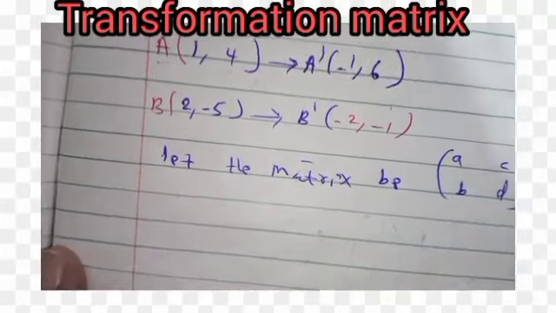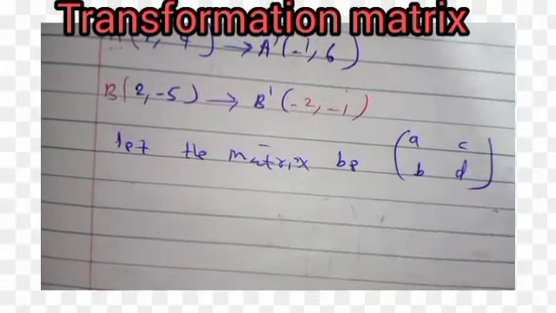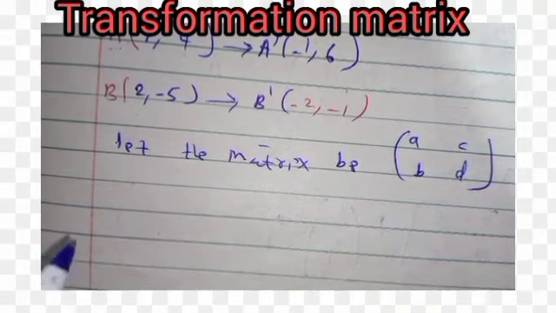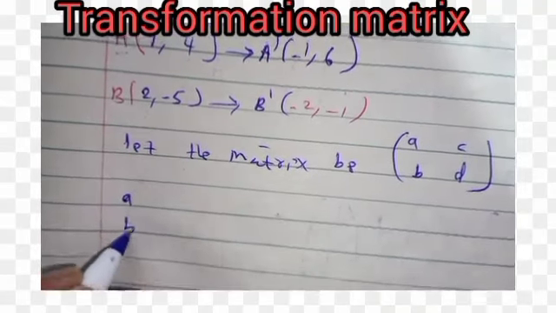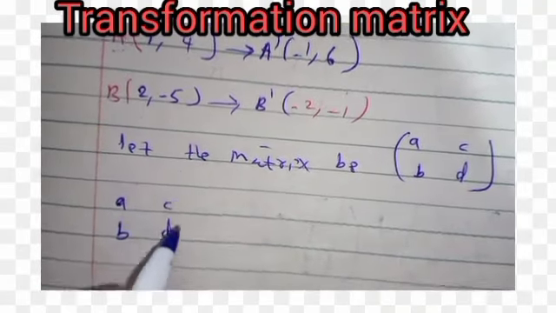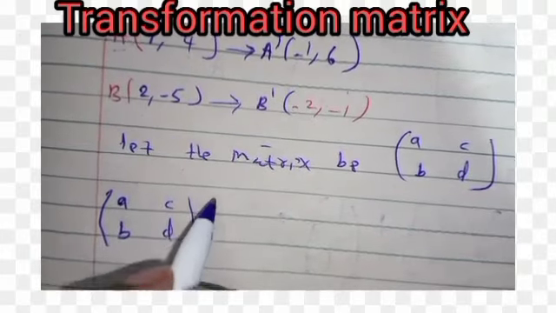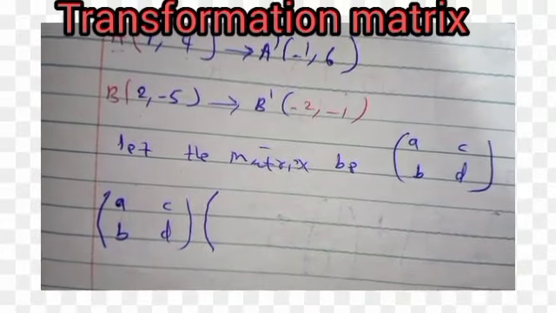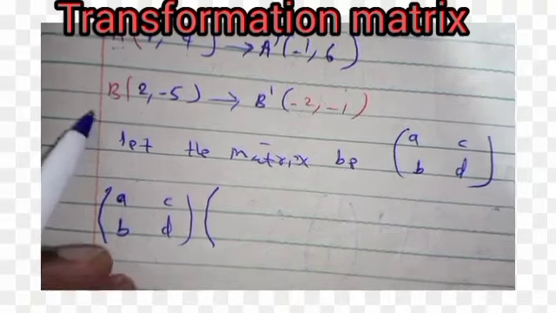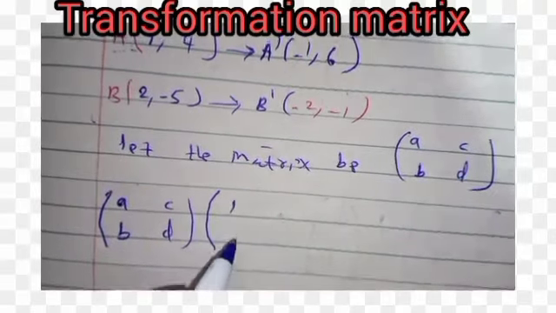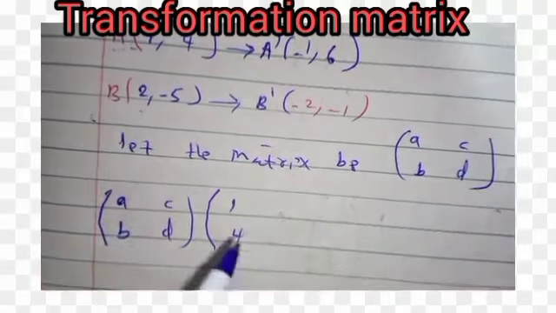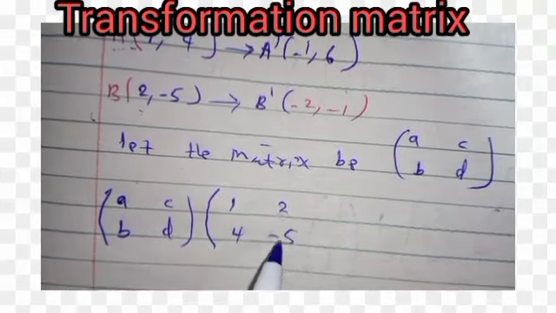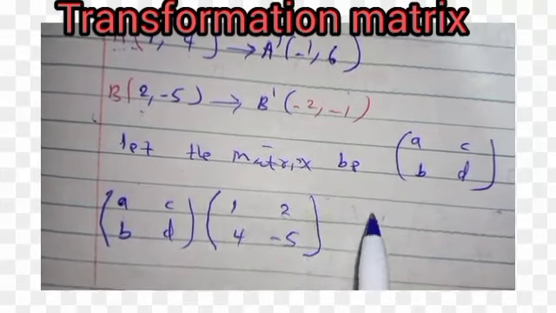Once we let our matrix be A, B, C, D, the next thing now, we are going to write our matrix here, A, B, C, D. So this is the matrix of transformation. Then, from there, we write the object. Our object is (1, 4), (2, -5), that way. This is equal to our image.